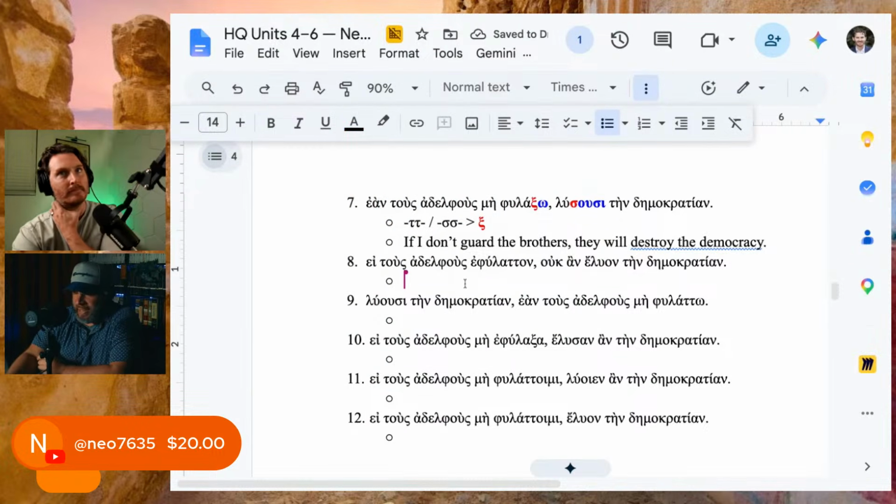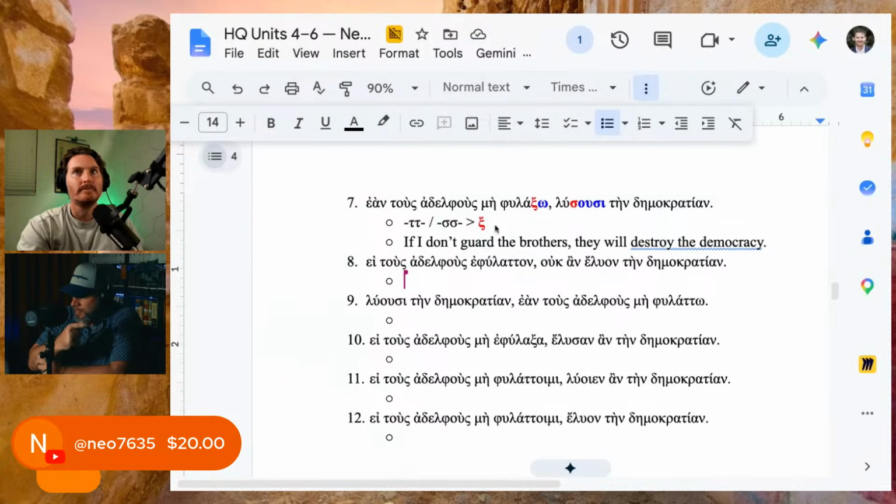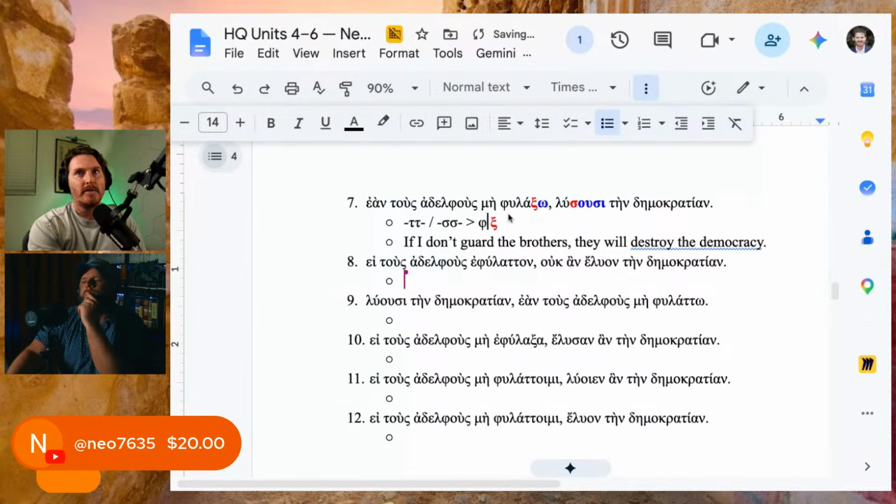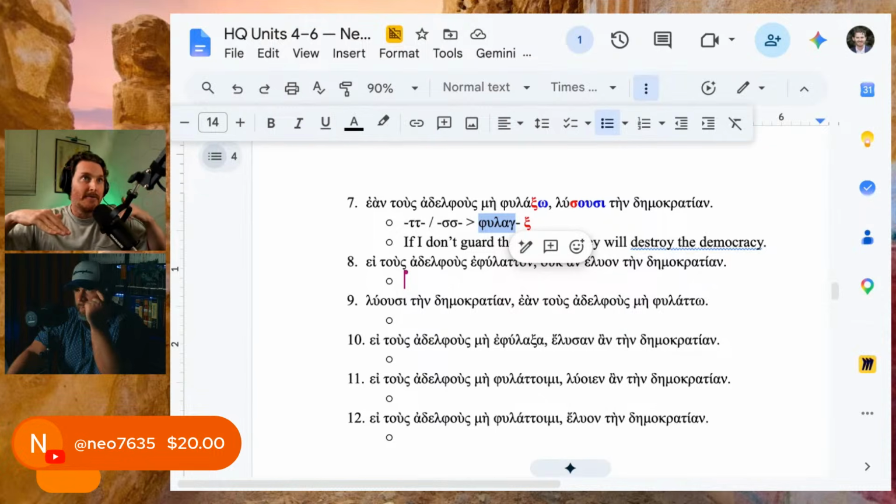They explain that in one of the books I had. That's in the Smith book. What is it called? The black book? Yeah, Smyth's grammar. And the reason is that this is actually a manifestation of a root that is fulag. It's actually a velar g. And so the velar g becomes fulatto in Attic dialect and fulasso in Ionic. But the core of it under the hood is fulag.